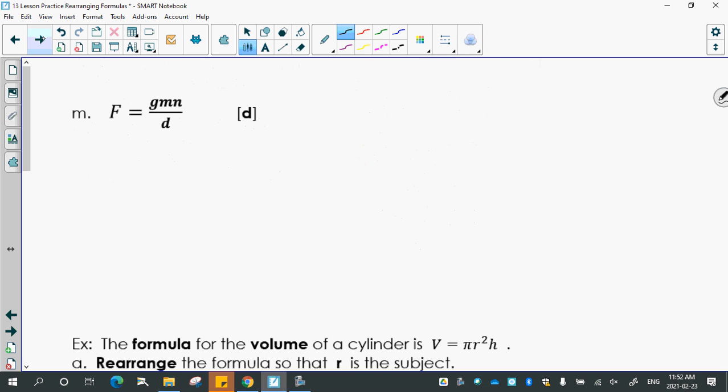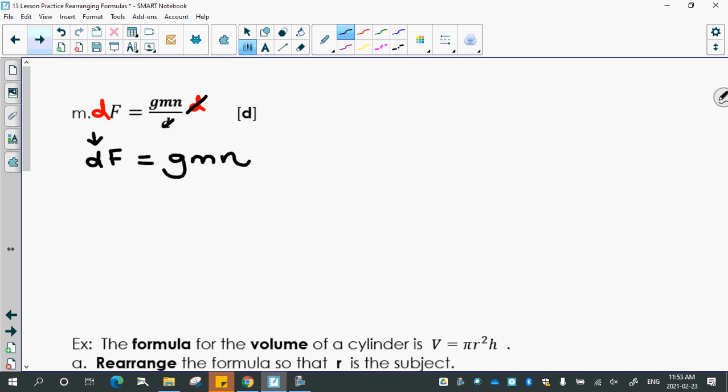All right, a similar question where what we want to get by itself happens to be in the denominator. F equals GMN all divided by D. What would we do first? Multiply by D. Yes, multiply by D. So D times F, I don't know what that is, so I just keep it as D times F. These D's divide out, equals G and N. And it's D that I want to get by itself.